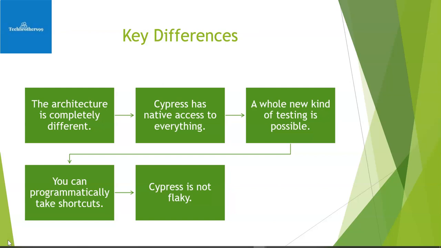Additionally, it automatically waits for elements to be visible, enabled, and to stop being covered. So if an element is covered, Cypress keeps on waiting until the element is visible. Cypress will pause the command execution until the page is fully loaded.